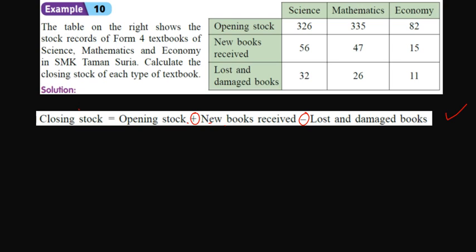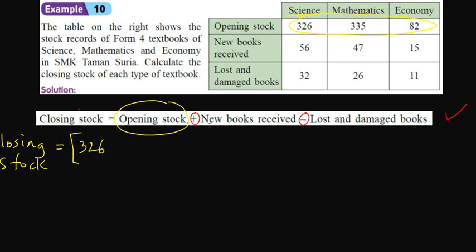Okay, so how do you do this in matrix form? Actually, if you do it in matrix form, it's very easy. So you write it like this: closing stock equals, so you write in matrix. The opening stock is this one, right? So you write 3 3 2 6, 3 3 5, 82, because we are doing this one first.